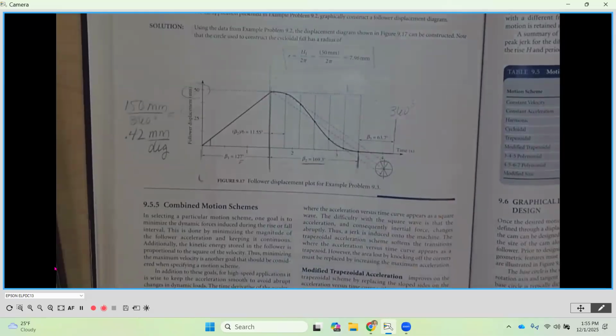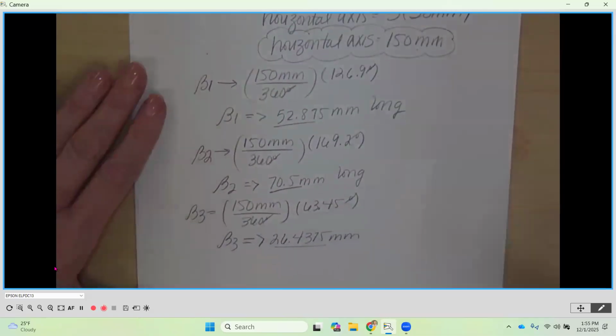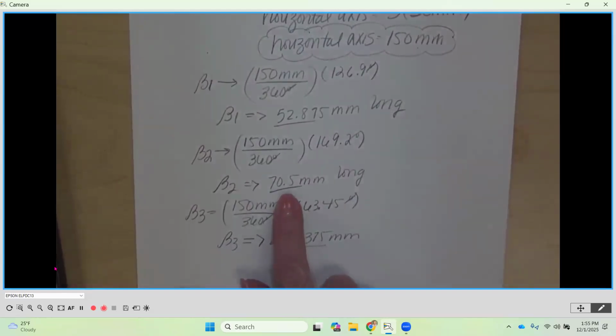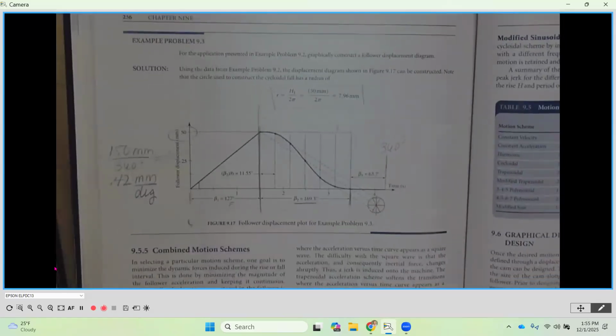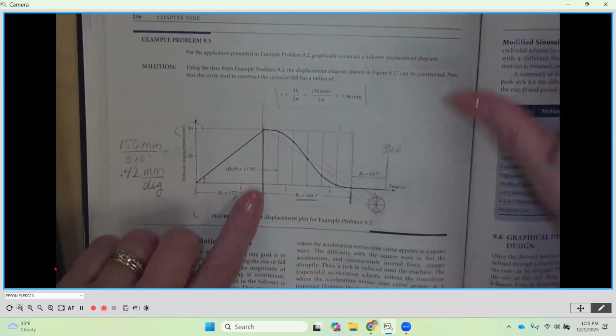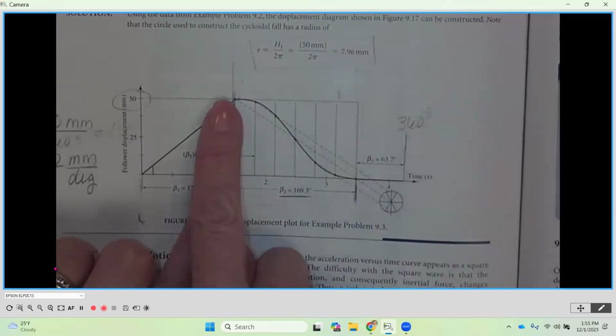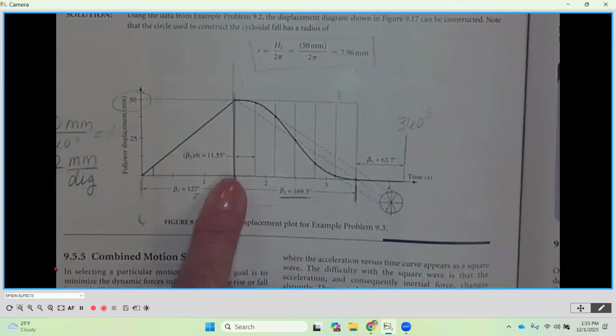And as we just calculated, that distance is going to be 70.5 millimeters. So this length right here is 70.5 millimeters from where the rise ended to where the fall is going to end.